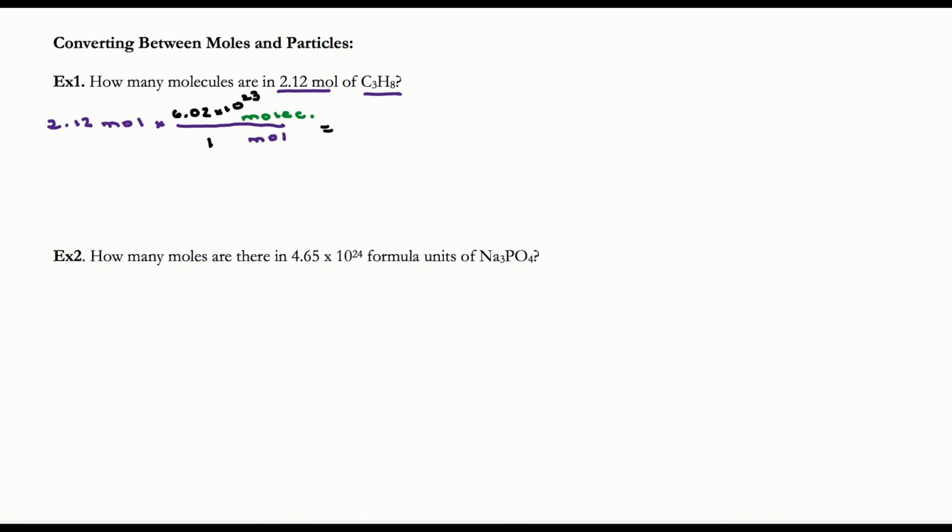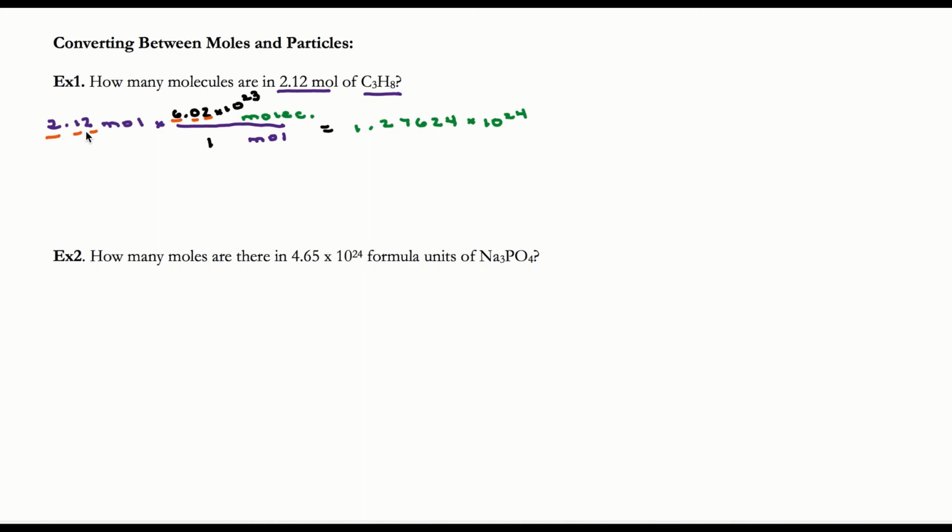Okay? So when I do this, I'm going to get out my calculator. 2.12 times 6.02 times 10 to the 23rd, and I get, unrounded, 1.27624 times 10 to the 24th. Okay, really quickly, I need to round. 2.12 has 1, 2, 3 sig figs. 6.02 has 1, 2, 3 sig figs.